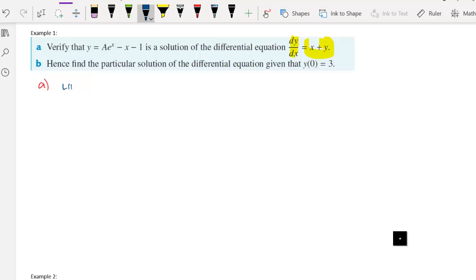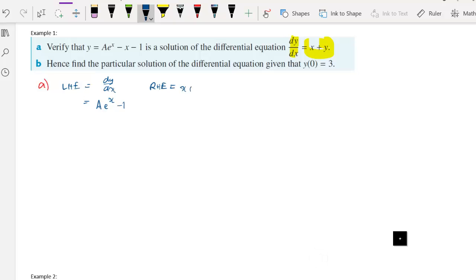So the left-hand side will be dy/dx. The derivative of ae to the power of x is ae to the power of x. The derivative of negative x is negative 1, and the derivative of negative 1 is 0. So that's done, that's our left-hand side. For our right-hand side, we're looking at x plus y.